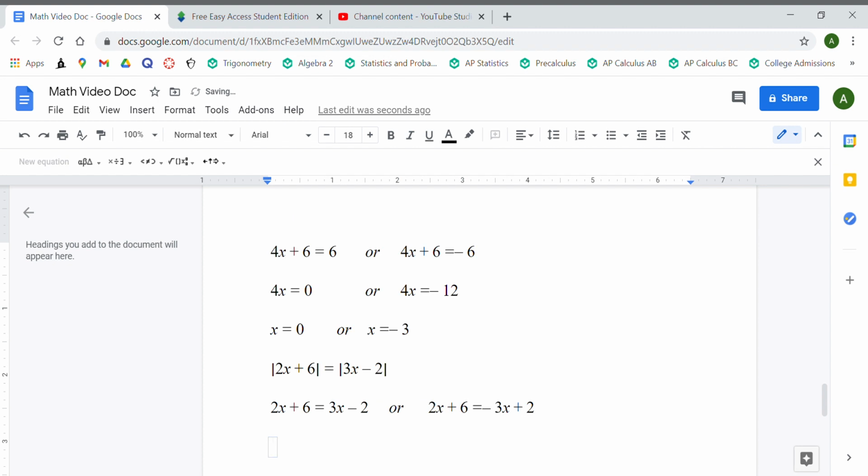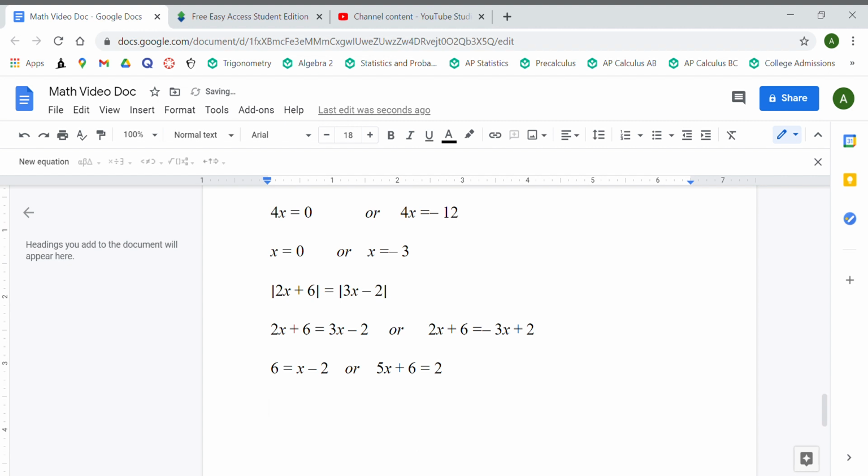Okay, so in this equation I'm going to subtract 2x on both sides, which I will have 6 equals x minus 2. And on this side of the equation, I'm going to add 3x to each side, and we should have 5x plus 6 equals 2. Then add 2 to both sides, we have x equals 8.